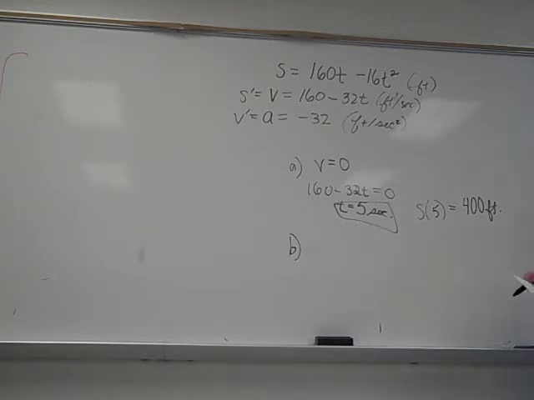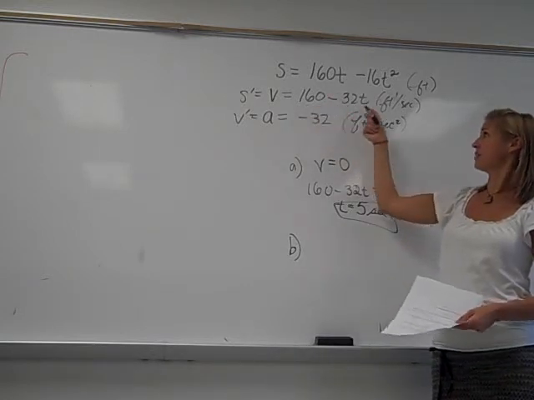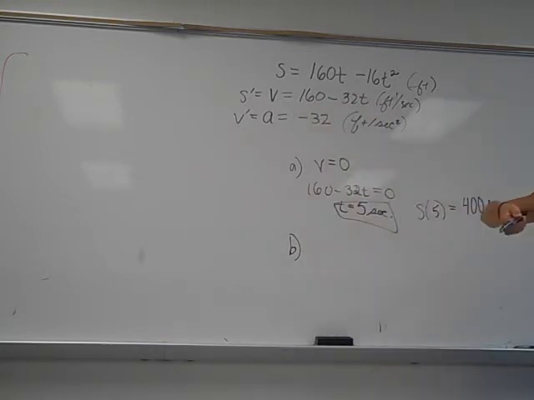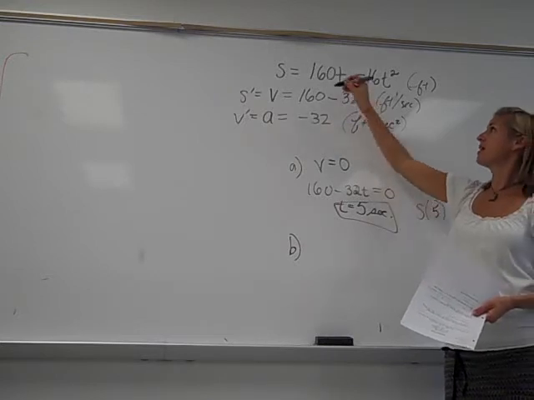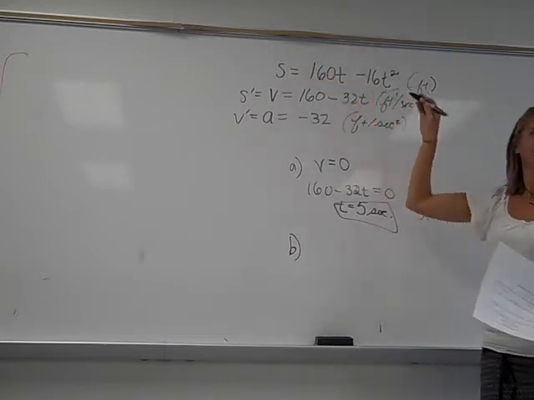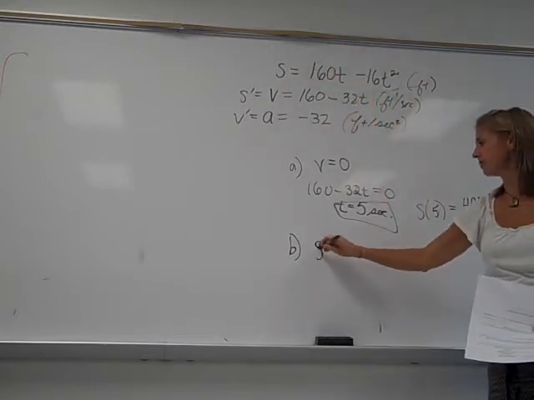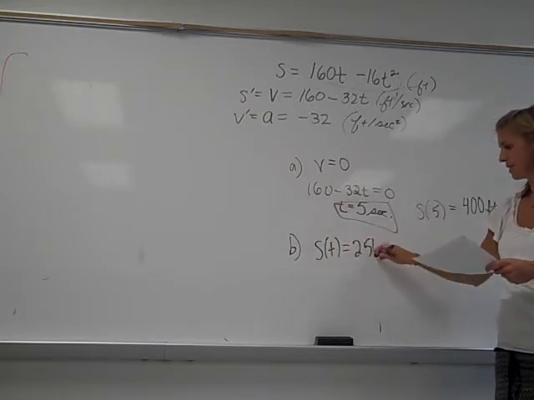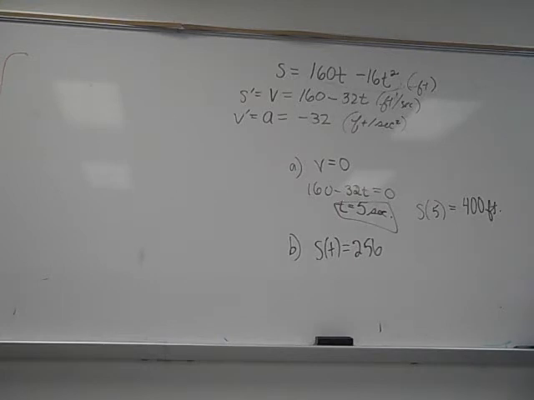Okay, so what is the velocity? Well, it would be nice if I could just plug a time into my velocity equation and tell what the velocity is. But I don't have a time. It's asking me what's the velocity when it's 256 feet up. I can figure out when that happens by looking at the position function. I can take the position function and set it equal to 256 feet and solve for the time.